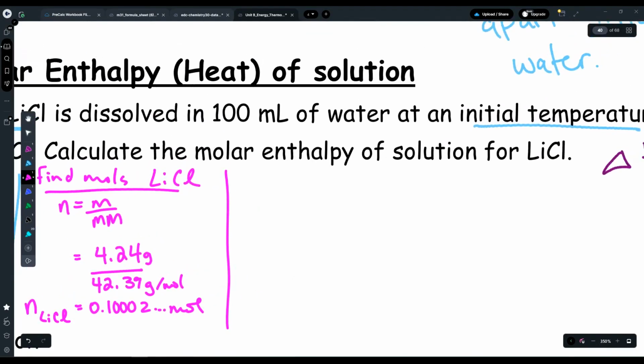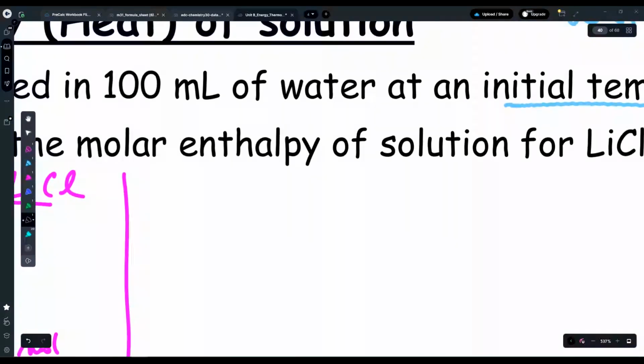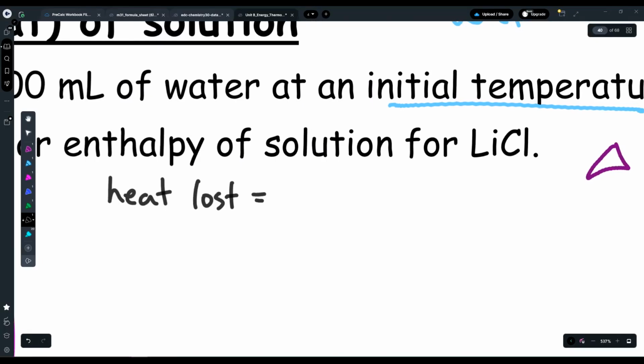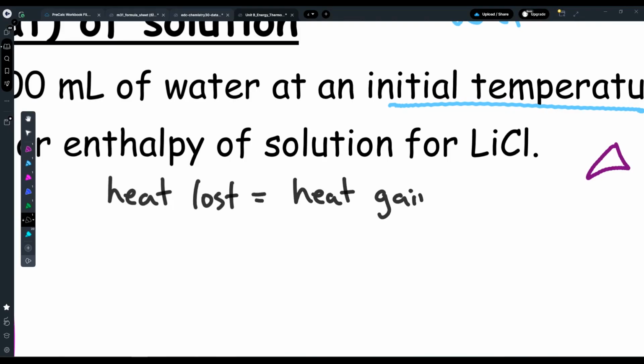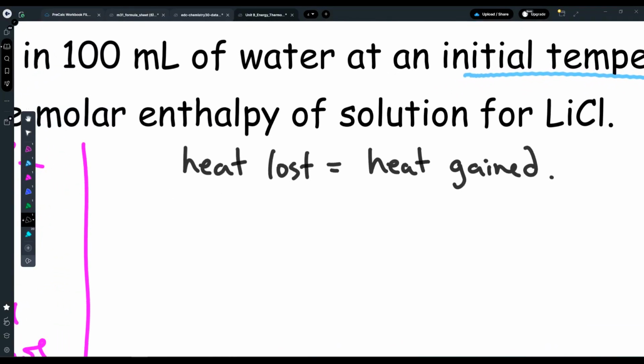As a reminder, for the game plan for our formula, the heat lost by your system is going to be equal to the heat gained by the surroundings. Heat lost by the system is going to be negative Ep.